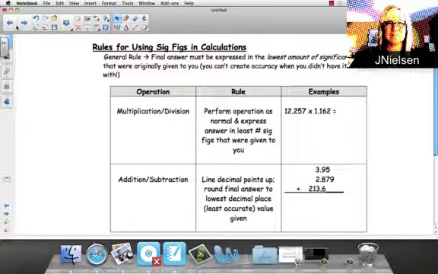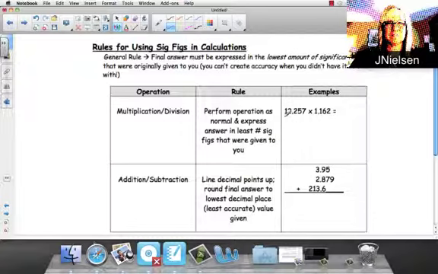In multiplication and division, you're going to first and foremost just do the math. Then you're going to express the answer in the least number of significant figures using the values that you used in the computation. So for example, over here, 12.257 has 5 significant figures. Decimal present is the Pacific rule.